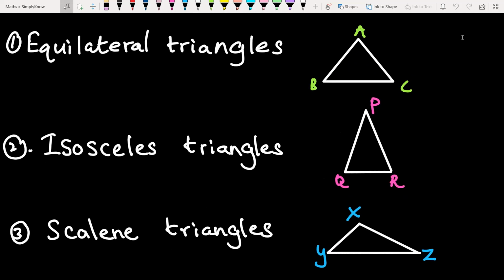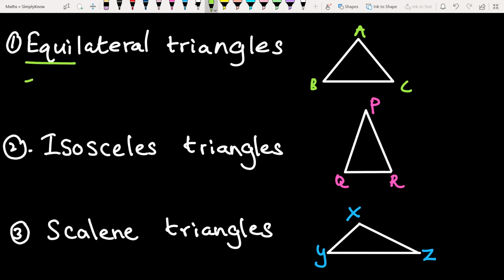According to this classification, there are three types of triangles: equilateral triangles, isosceles triangles, and scalene triangles. Let's talk about equilateral triangles. If all three sides of a triangle are equal in length, then we call it an equilateral triangle.